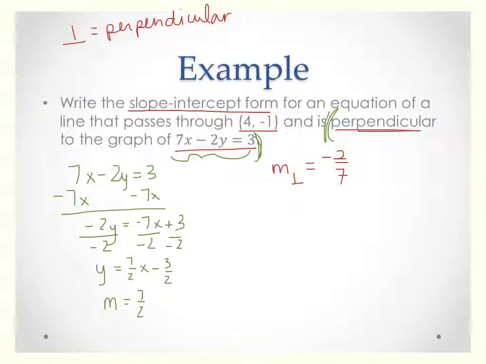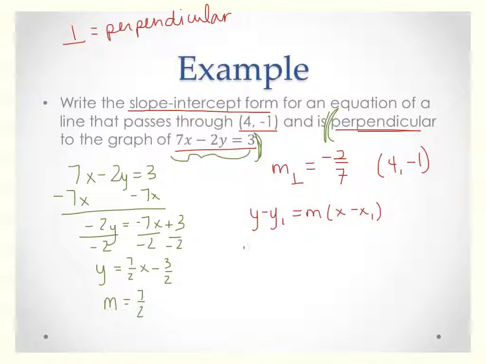Okay, there's my slope, there's my point, and then you need to decide, do you want to use slope-intercept form and just find B, or do you want to use point slope and rearrange it? I think I'm going to do point slope and rearrange it. So I'm going to write out point slope. By the way, you can use either one.